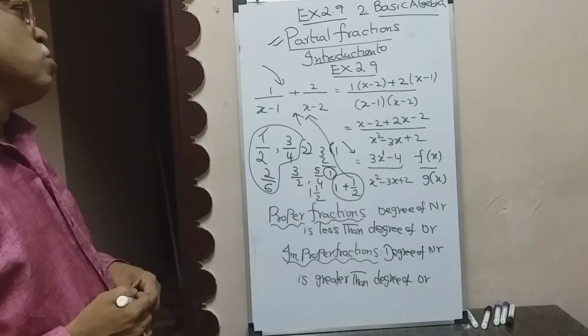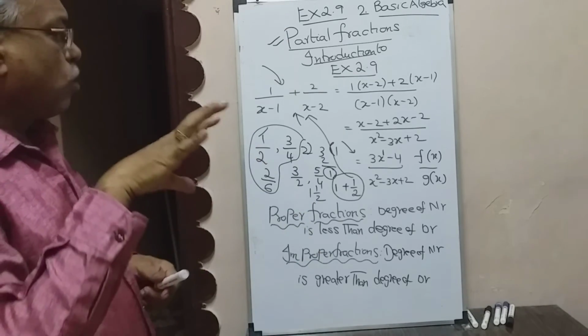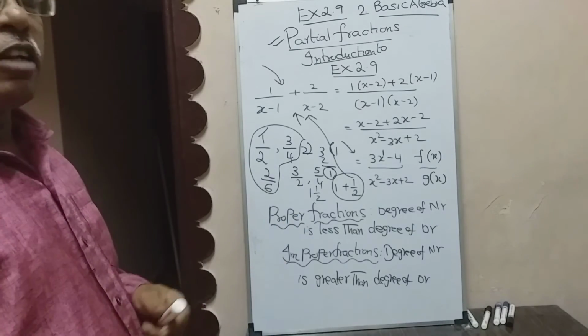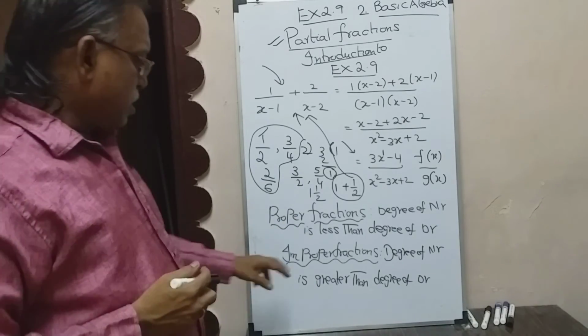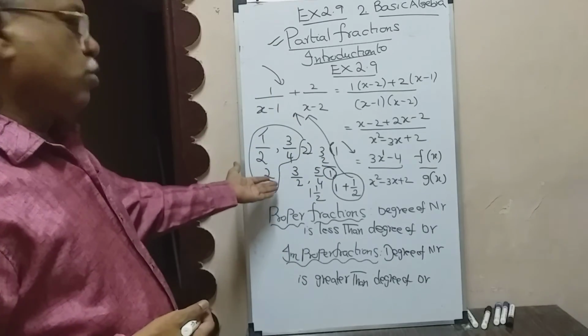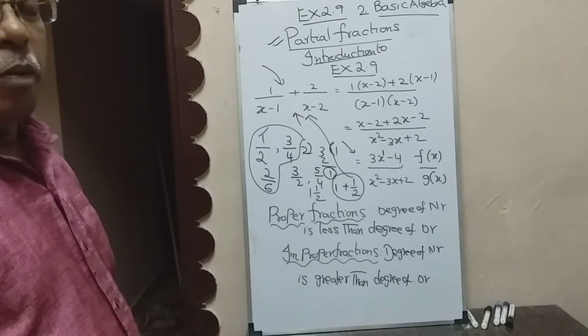Okay students, only if the degree of the numerator is less than the degree of the denominator is it possible to split into partial fractions, otherwise it is not possible. Suppose it is an improper fraction, then this is the procedure: you divide, then split into partial fractions once it is a proper fraction.